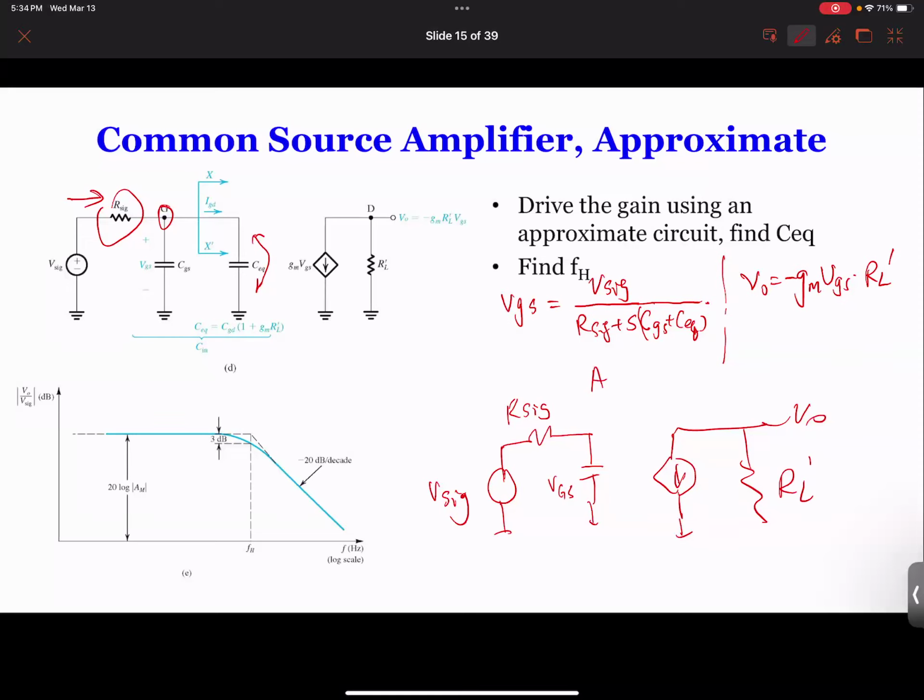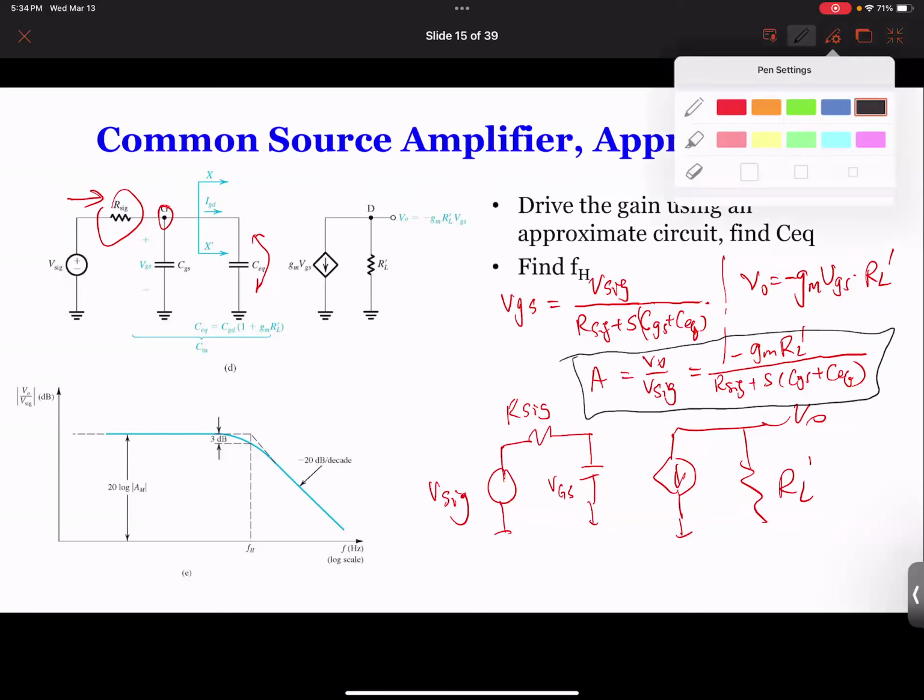So the gain is going to be VO over VSIG and equal to minus GM times RL prime divided by RSIG plus S times CGS plus CEQ. So this is the equation we have for the voltage gain.